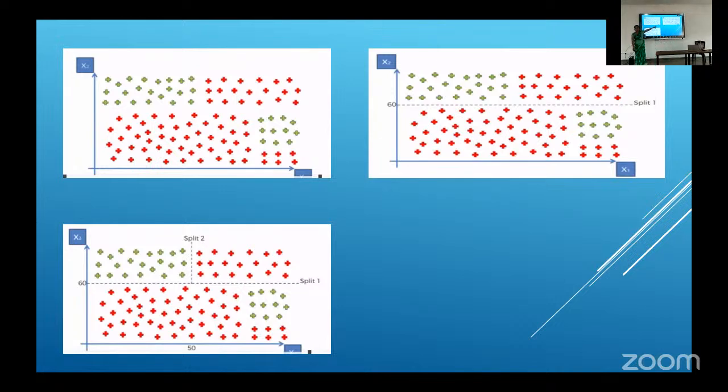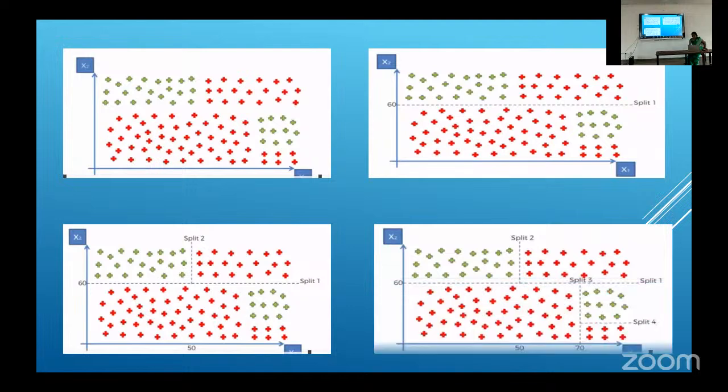That is one split. After this split one, I have divided more split. Okay. Can I do more? Let's see. Split 3 as well as split 4.